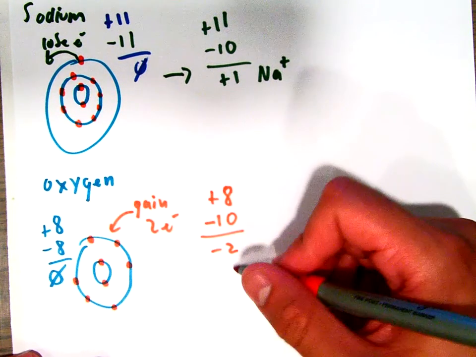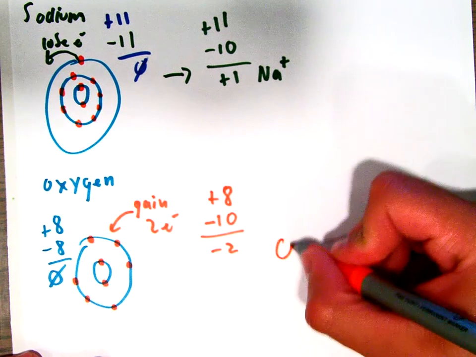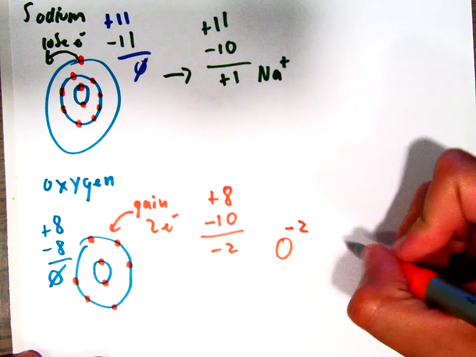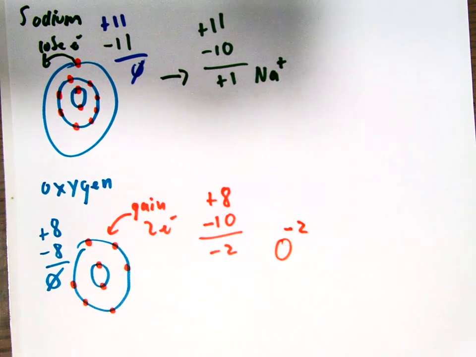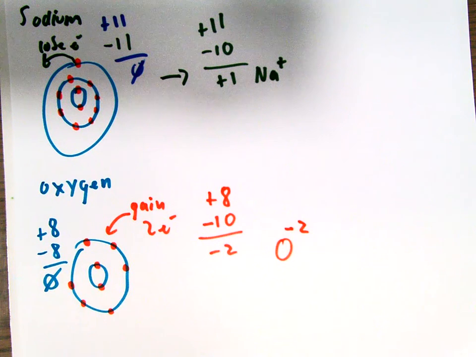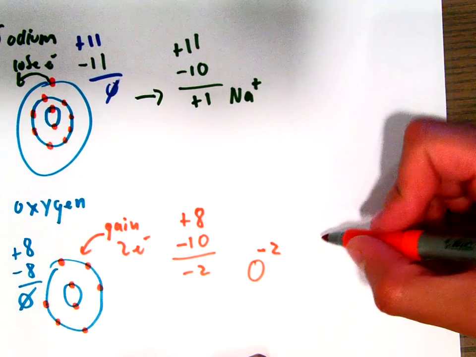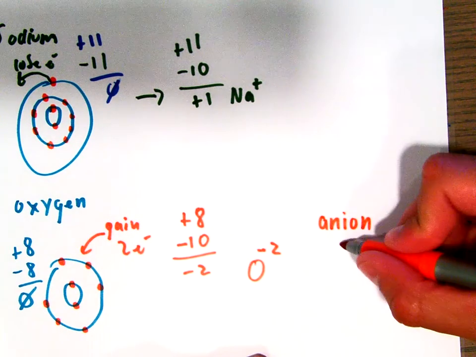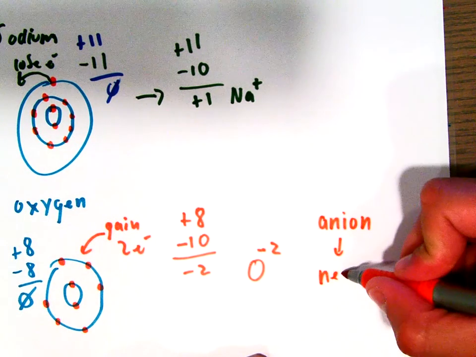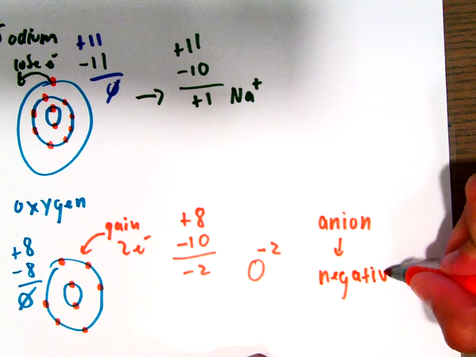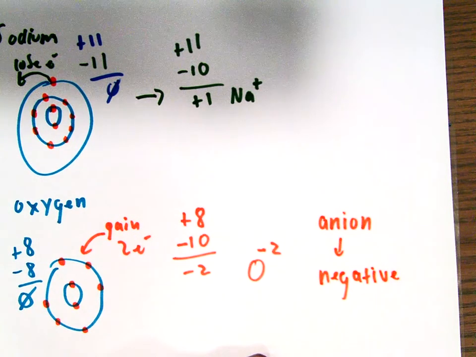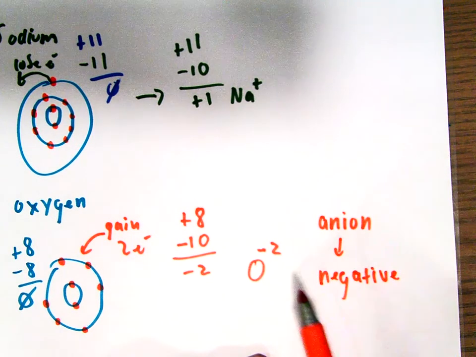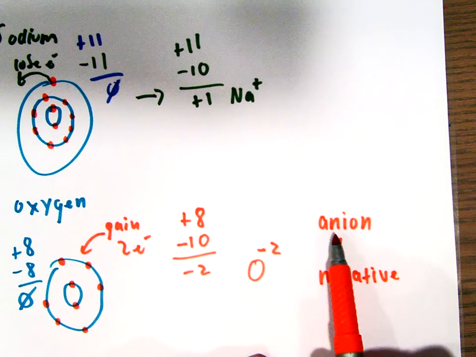Okay, so oxygen becomes a -2 ion. Okay, so we can define these as well too. So an anion is just a negative ion. The way you can remember is by saying A negative, right?